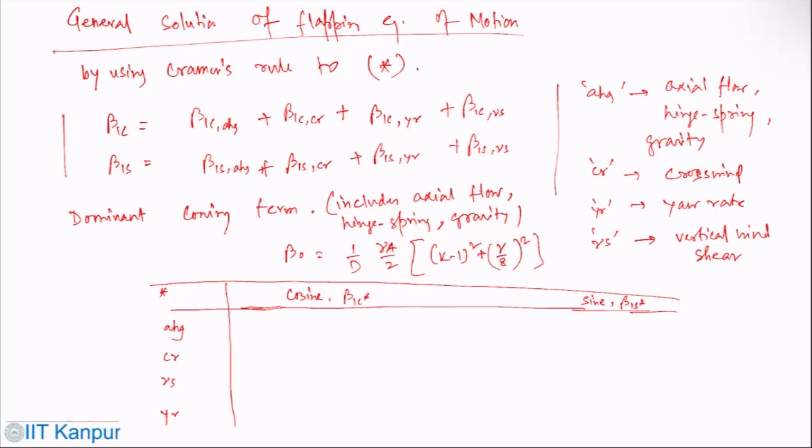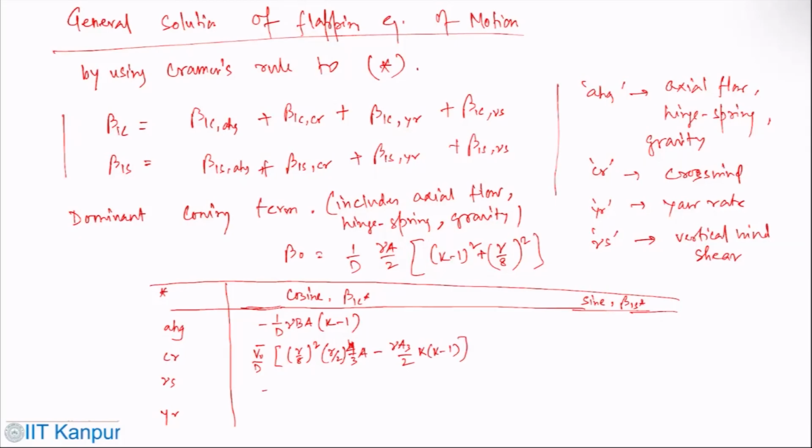So AAG is 1 by D, gamma BA K minus 1; V naught by D, gamma by 8 square; gamma by 2 into 4 by 3 A minus gamma A3 by 2 K into K minus 1.